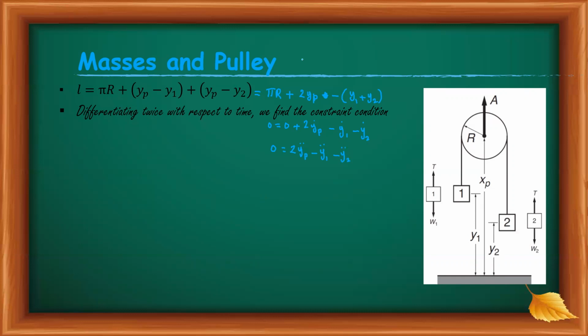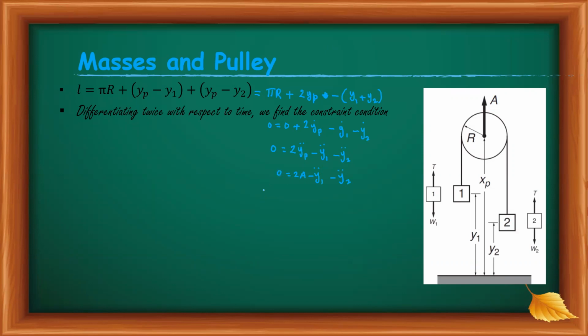Here we assume that the acceleration of the pulley upward is yp double dot, which is A. Then from this expression it is 2A minus y1 double dot minus y2 double dot, which is equal to 0.